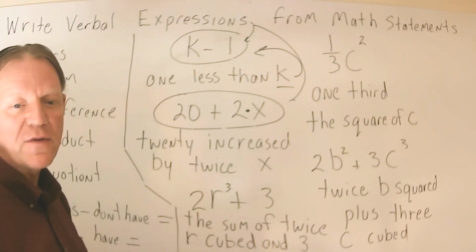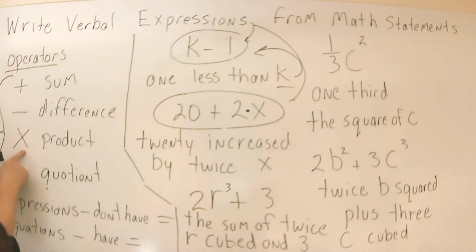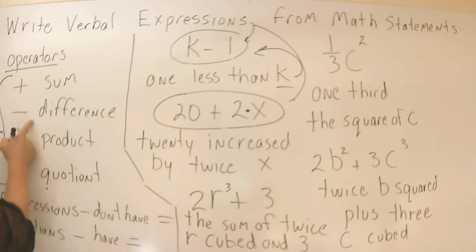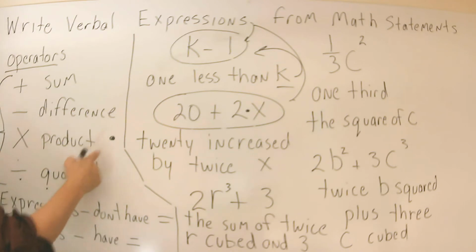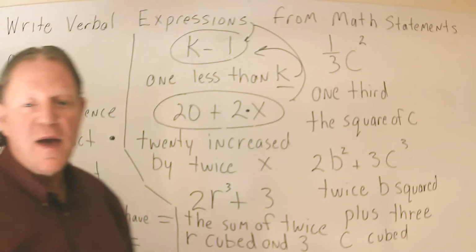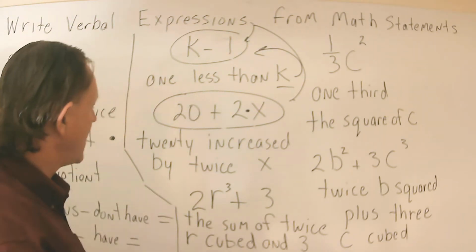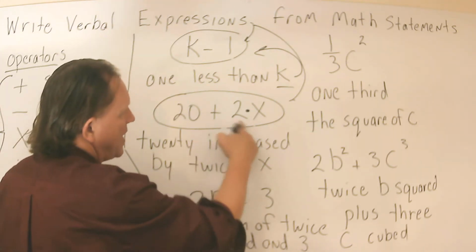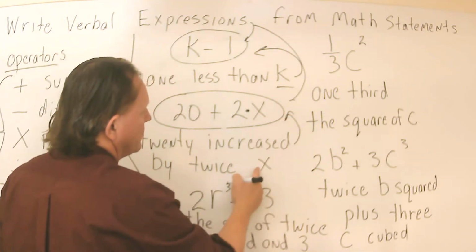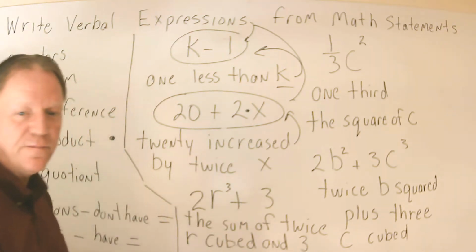So again, remember, there's not just the times operator right here, but however, we can also write it as this symbol right here. And again, verbally, we can say this is 20 increased by twice x. So that's the verbal form of the math expression.